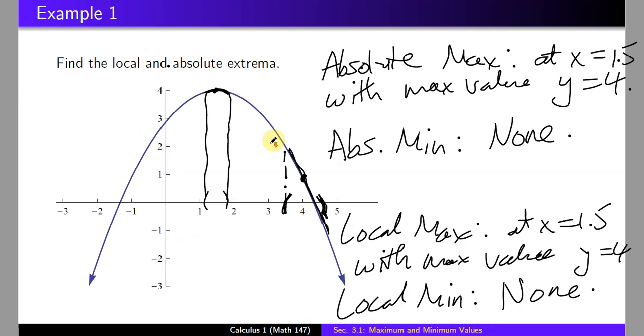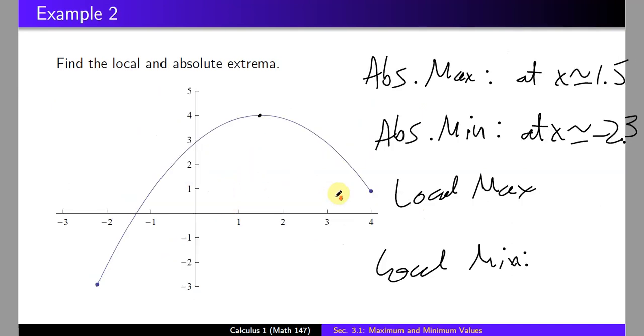So here's the important point: we're looking at small open intervals around that particular point. So we're not going to have a local minimum at all because you can't pick an open interval around negative 2.3, because the graph just kind of ends there. There's nothing over here to be able to pick an open interval around there. So we would say none here.